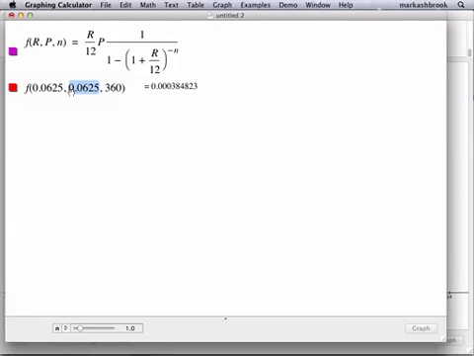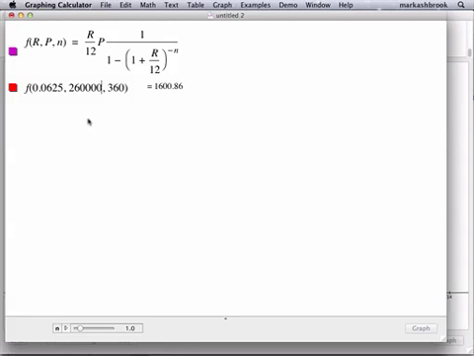And what should this be? 260,000. Okay, what does N represent? What is the parameter N? Number of payments. And so what time period is that? We're making payments. Is it monthly payments?